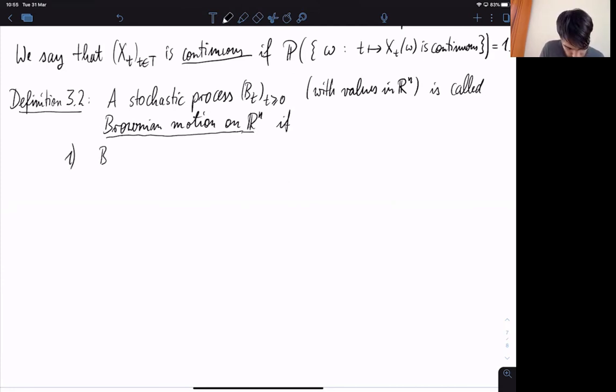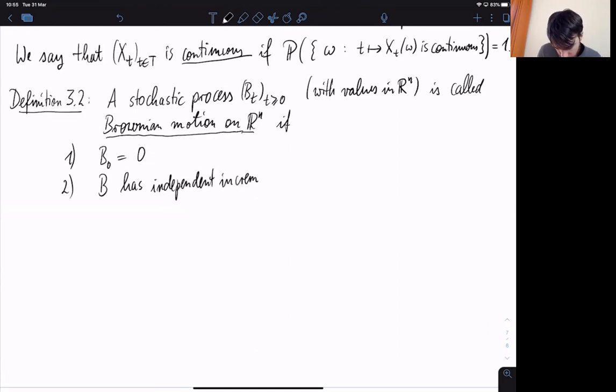One, I want B to start at 0, so B_0 should be 0 almost surely. Then the second is that B has independent increments. We'll define what this means.